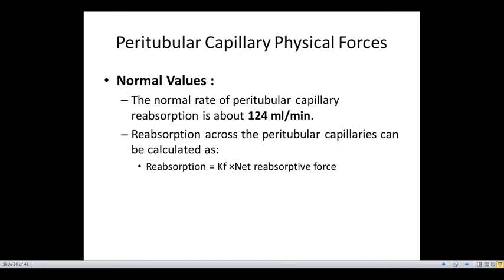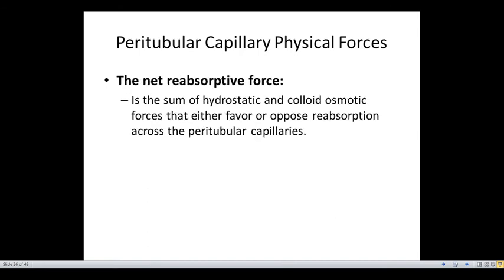So what is this net reabsorptive force? The net reabsorptive force is the sum of hydrostatic and colloid osmotic forces that either favor or oppose reabsorption across the peritubular capillaries.